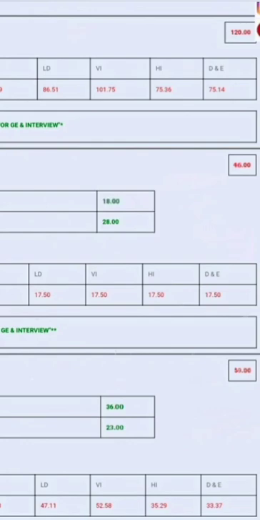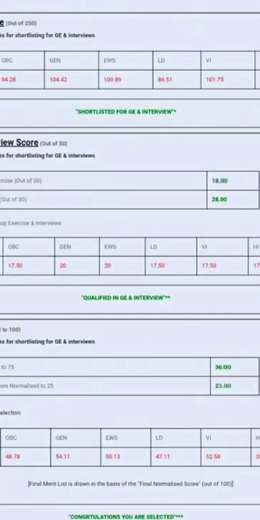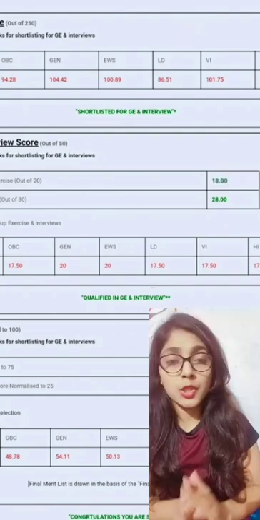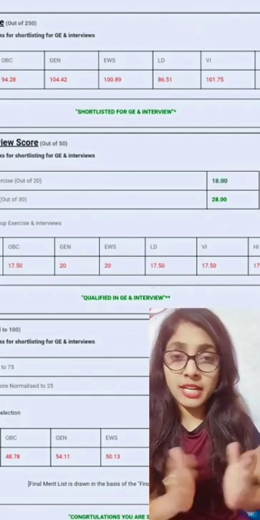I'll be discussing with you guys how much I attempted in every section. So this is my marks in the objective paper, 120 I got in objective. And moving ahead to the GD and PI. Although I'll be making a separate video for it, I'm sharing the marks with you guys. You don't get a scorecard right after your mains exam.